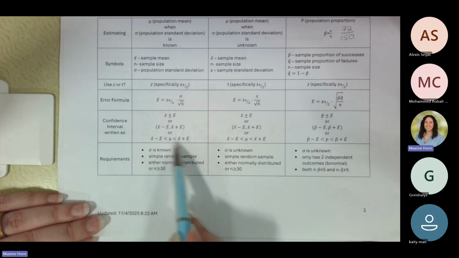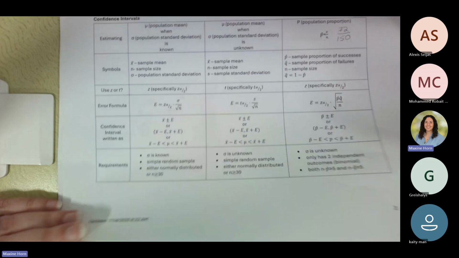Okay, so looking at this, it might be a little confusing, but if you think about it in terms of like if somebody just said to you, oh, I think I got a 90 on that test, plus or minus 5%, well, you know what that means. That means that either they got a 90 plus 5 or they got a 90 minus 5, right?